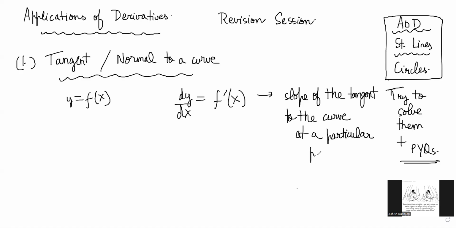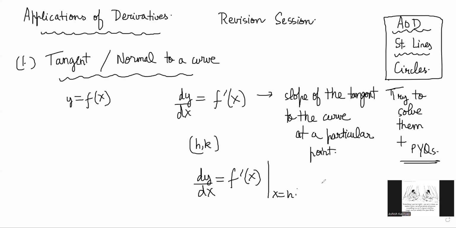So if I want the slope of the tangent at a particular point, let's say the point was some h comma k, what I will do is find dy by dx and evaluate that at x is equal to h. So basically I have to find f dash h. f dash h will be the slope of the tangent at this point.